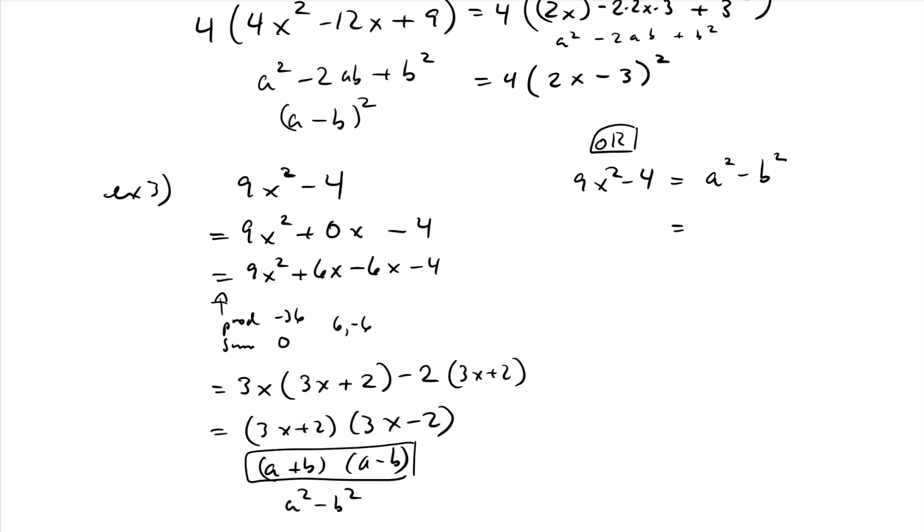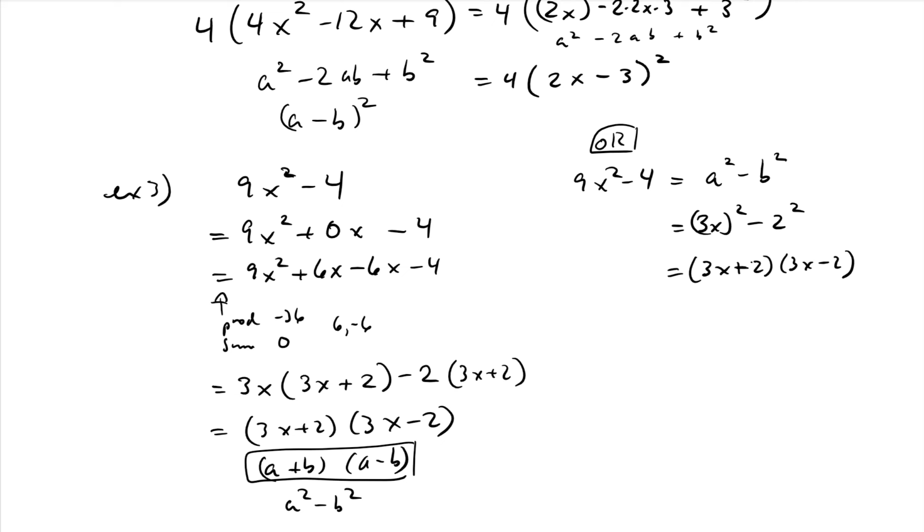So 9x squared, that's 3x squared, and 4 is 2 squared, and then I see, oh yeah, that's a squared minus b squared. So by factoring, I get a plus b times a minus b. So it's a lot faster if you notice this.